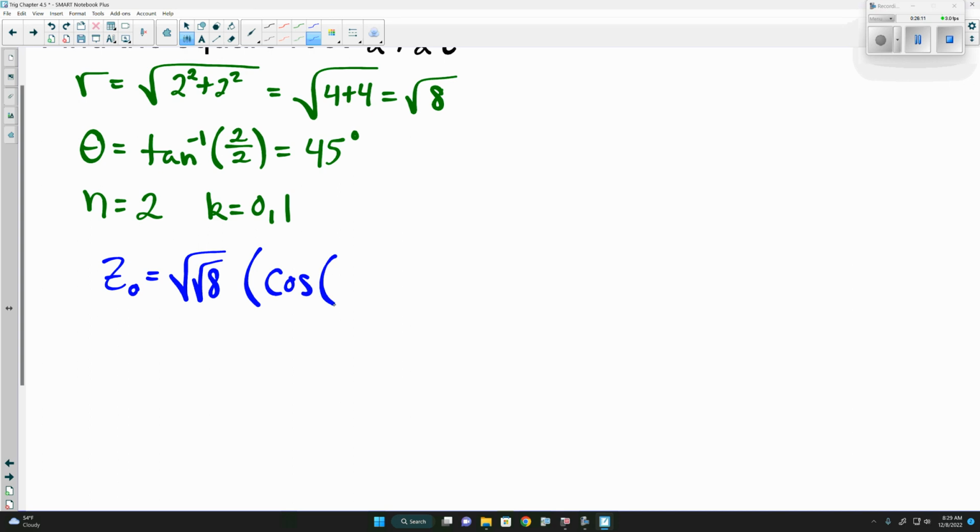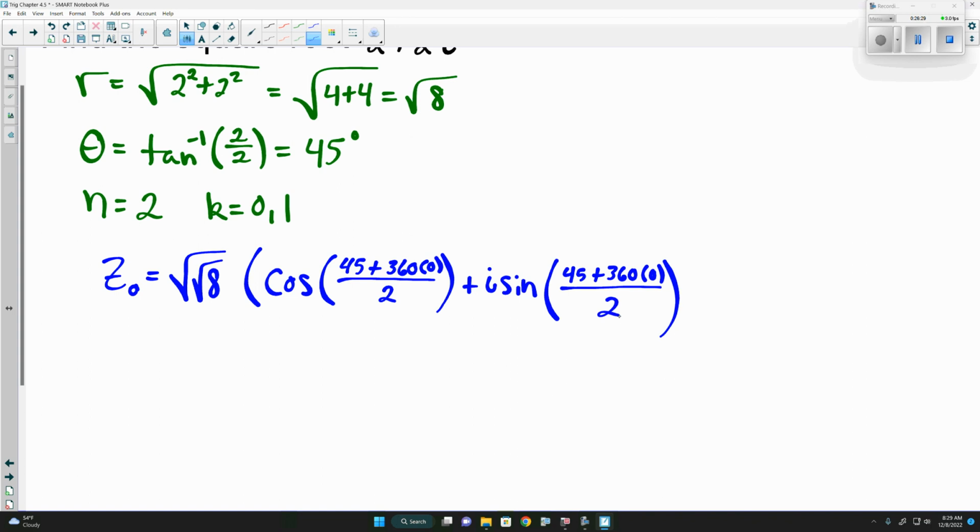Cosine of 45 plus 360 times 0 all over 2. Oh, this one.